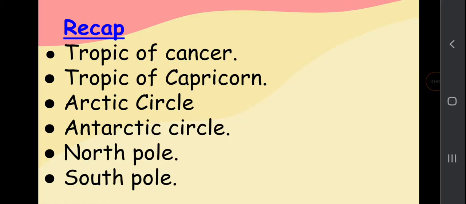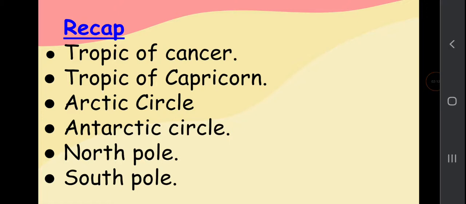So the countries located near Tropic of Cancer will have a hot climate. And Tropic of Capricorn is the southernmost point on earth that receives the direct rays of the sun. And the equator will receive the most amount of sunlight.